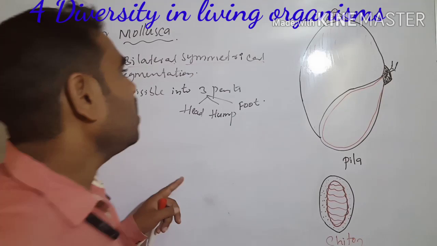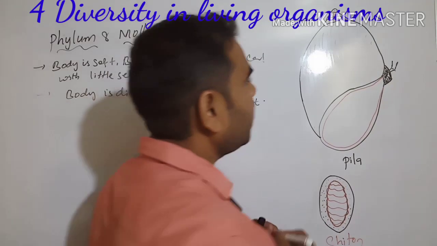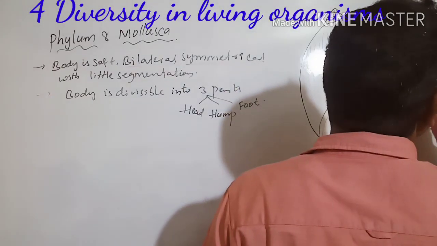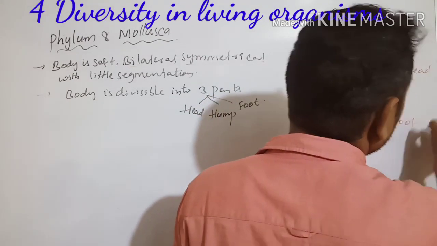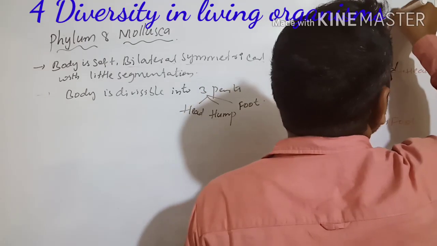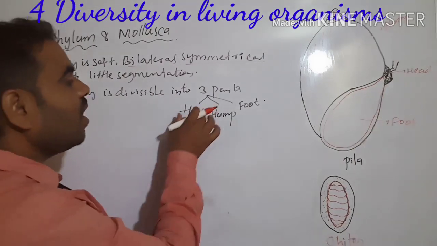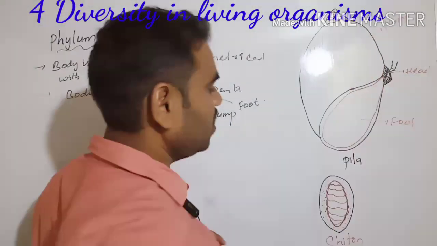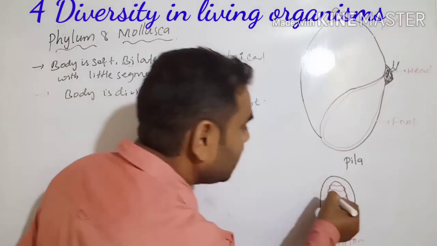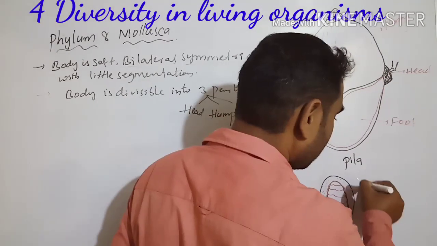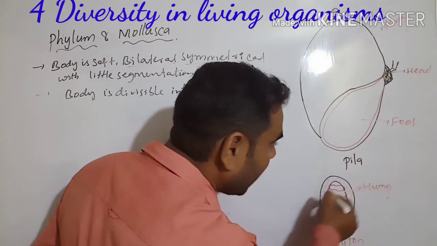Next, this is the hump. And this is the foot. This is the hump. There is a distinctness between the head, hump, and foot. Here we also see chitin. This is the hump, and the lower side has the foot.